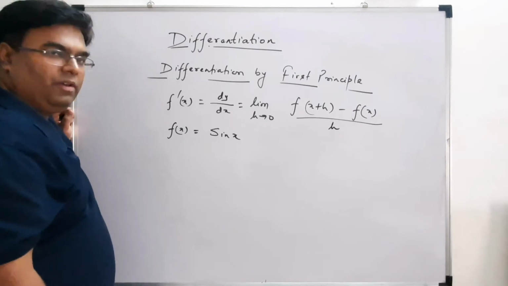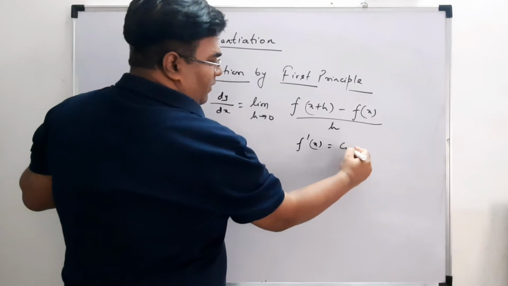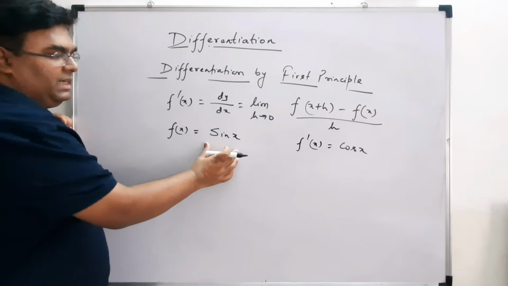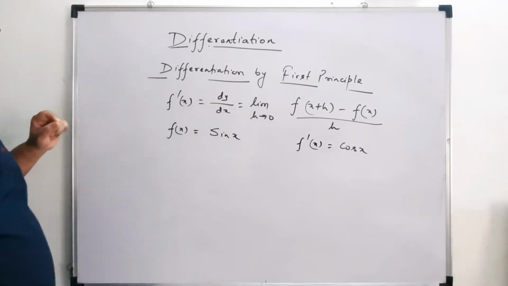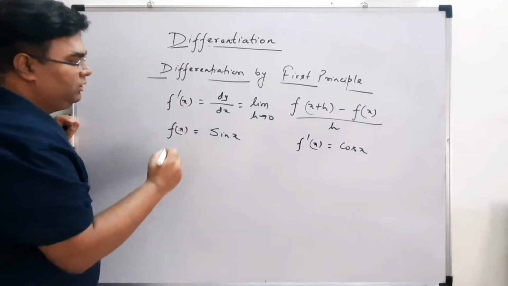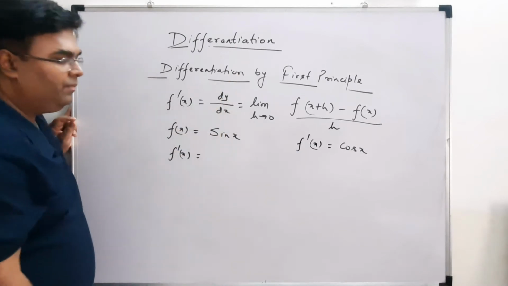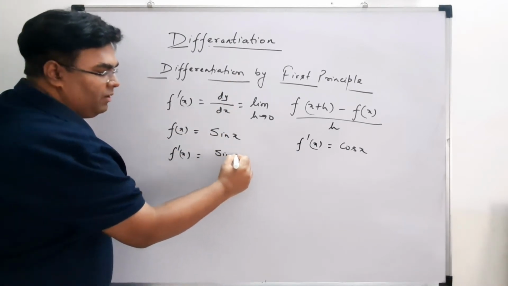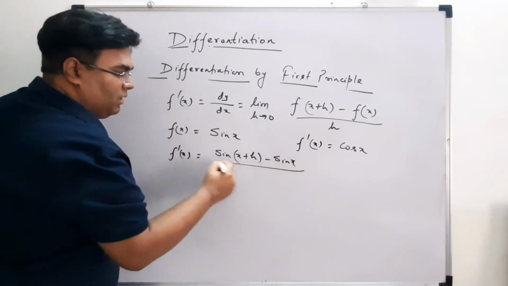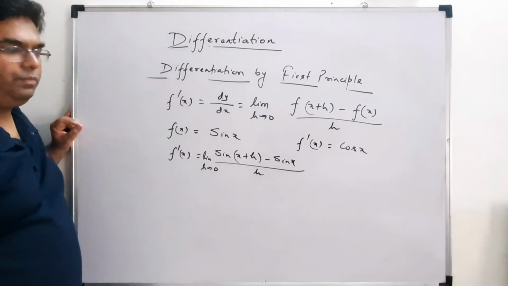In 11th standard we already know that if you differentiate this, we get cos x. Let us find out whether it comes using the first principle. So f dash x will be equal to limit h tends to 0 of sin(x plus h) minus sin x upon h.